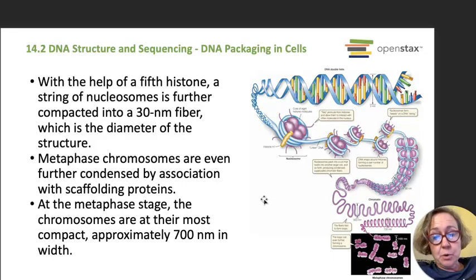Metaphase chromosomes. What we're talking about here is the way the chromosomes look when they are in metaphase, what we think of as what a chromosome looks like. They are even further condensed by scaffolding proteins to be what we would historically think of as a chromosome. At that metaphase stage, the chromosomes are at their most compact, approximately 700 nanometers in width.